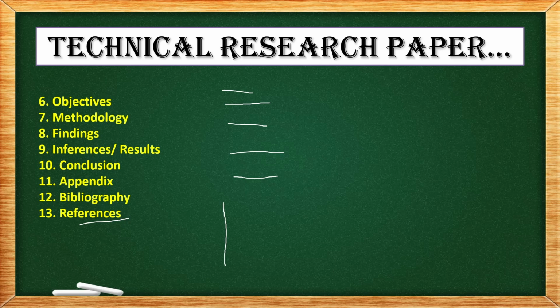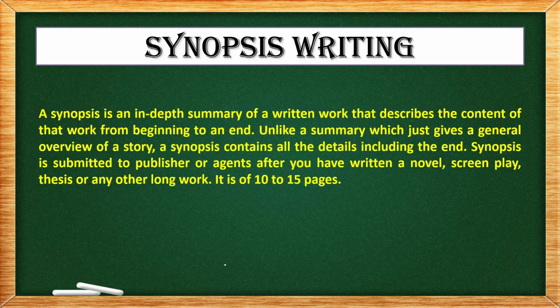The detailed format of how references are written, we have already discussed in report writing. If you read the topic of report writing in the notes, you will find how we are supposed to follow the format of quoting references, name of the book, name of the author, accordingly.